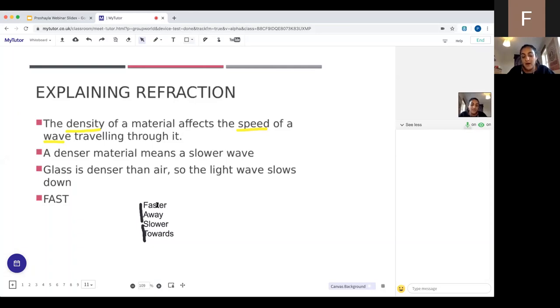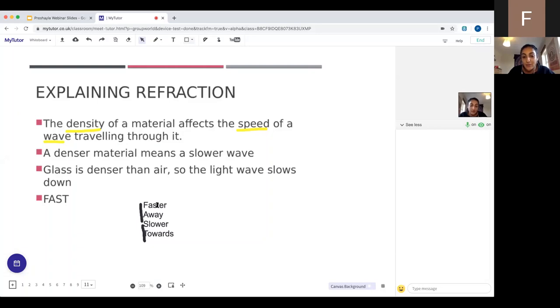The second part of the mnemonic is, if the wave travels slower, then it's going through a higher density material, something like going from air into glass, because glass is a higher density material than air. So the light wave slows down.